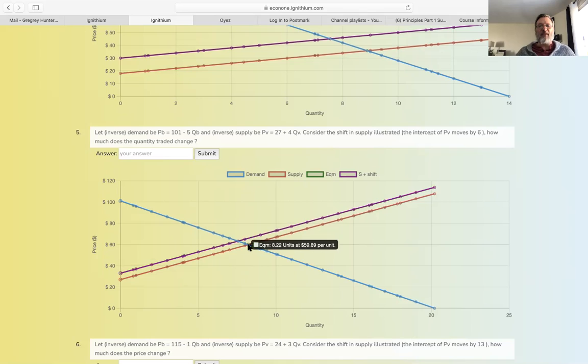Well, we're going from the equilibrium quantity of 8.22 units to 7.56 units. So that's a reduction, right? So I would think that should be a negative number. So you want to do 7.56 minus 8.22 to make sure we get a negative, right?